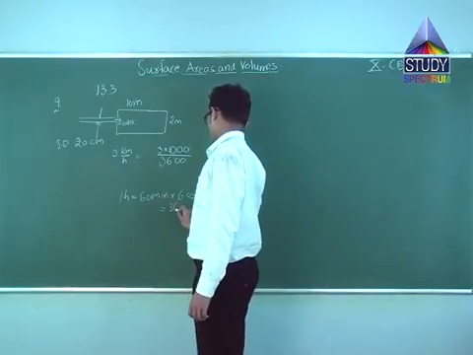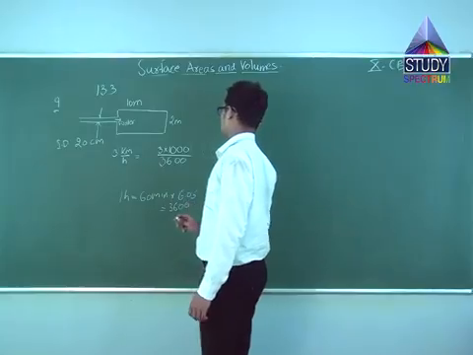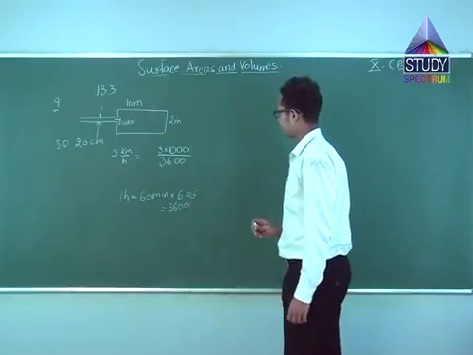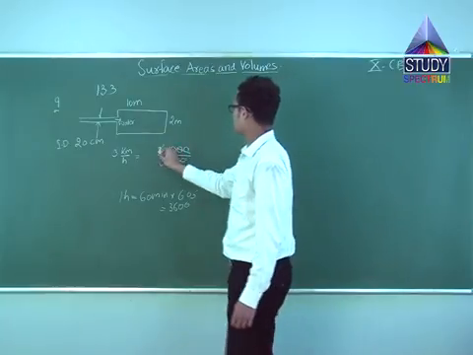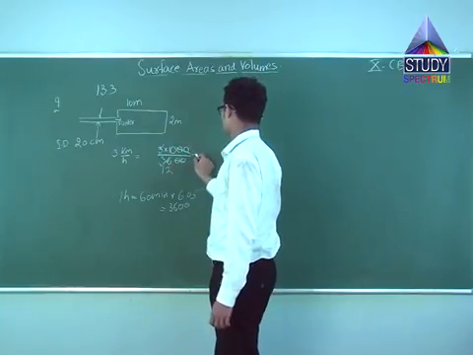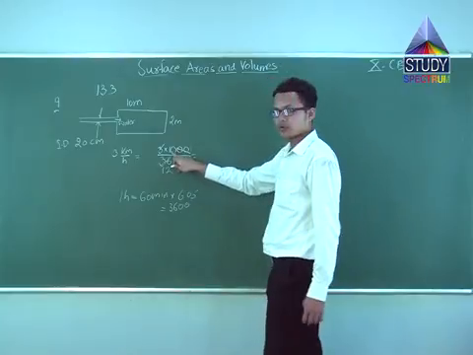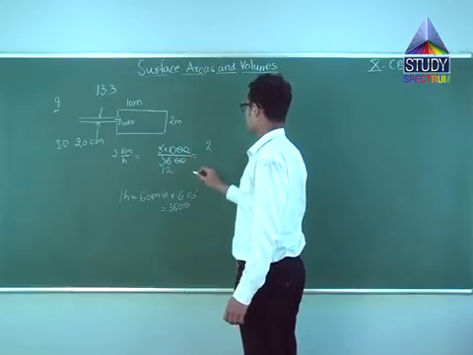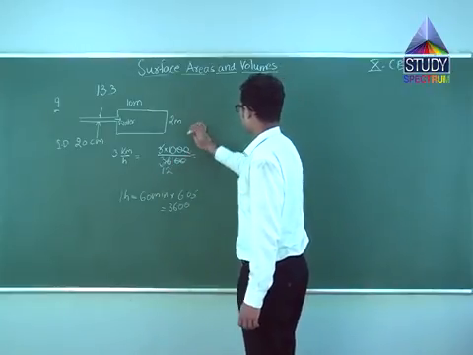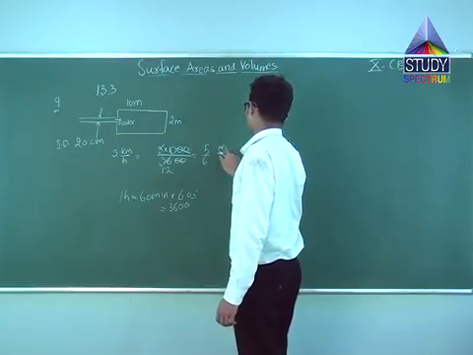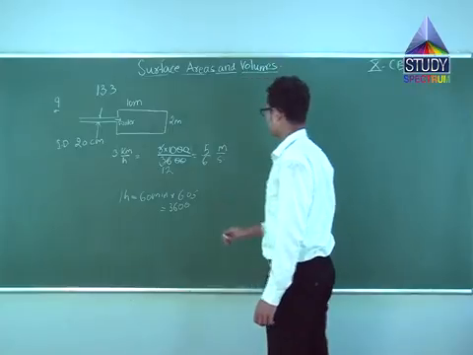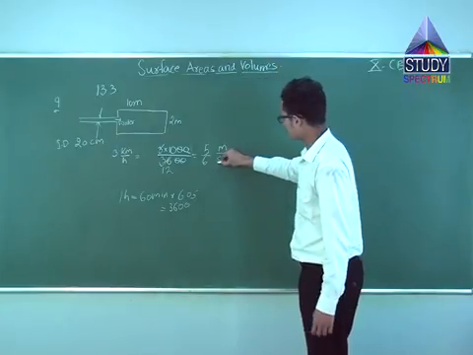So this is 3600. These two cancel, those two cancel. 3 12s are... 2 5s are 10, and 2 6s are 12. So 5 by 6 meters per second.